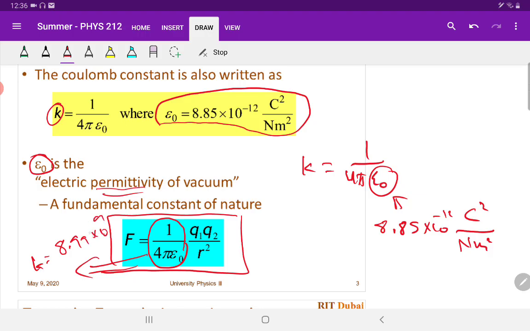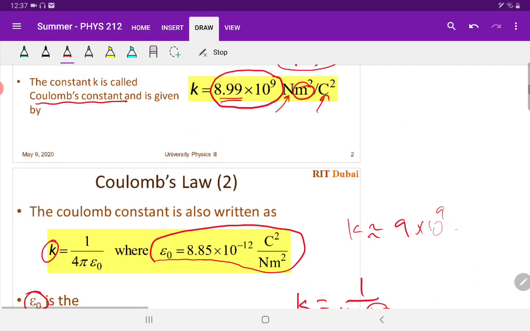In many cases, by the way, we can describe K, roughly speaking, as 9 times 10 to the power 9 Newton meter square per Coulomb square, instead of 8.99 times 10 to the power 9. In some cases, we can do that.